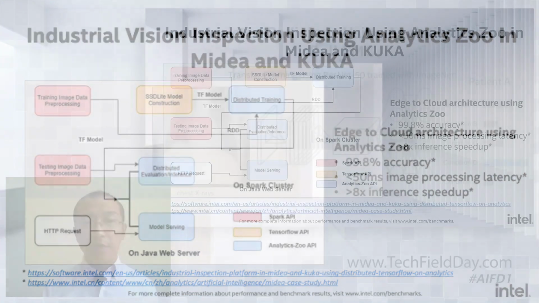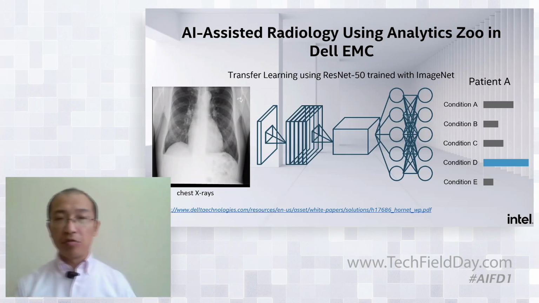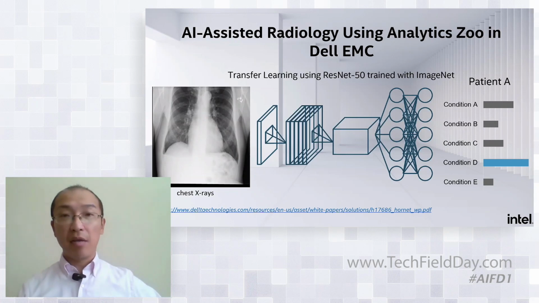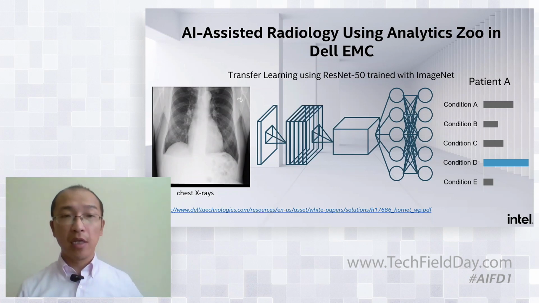Another example is more or less similar. Dell EMC is building a prototype which takes your chest X-rays and uses transfer learning. And I think people mentioned this problem, right? You don't actually have a lot of labeled chest X-rays.